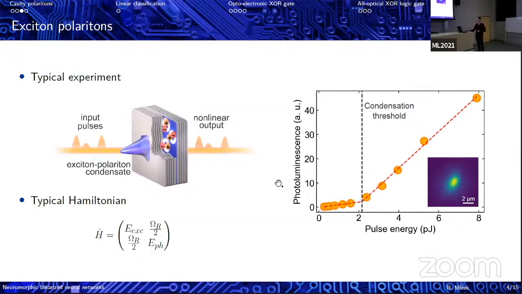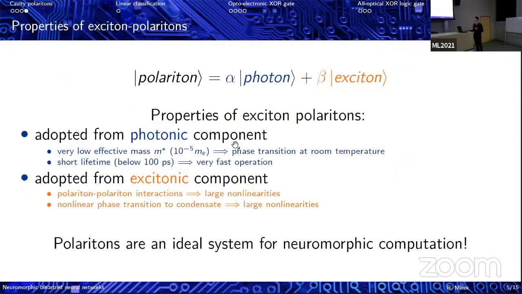So the typical experiment that we make uses input pulses, which create the exciton-polariton condensate, and we measure the nonlinear output on the CCD camera. So it's really simple. And the most important thing that I want to say is that the properties of exciton-polaritons are adopted from the matter and light components.